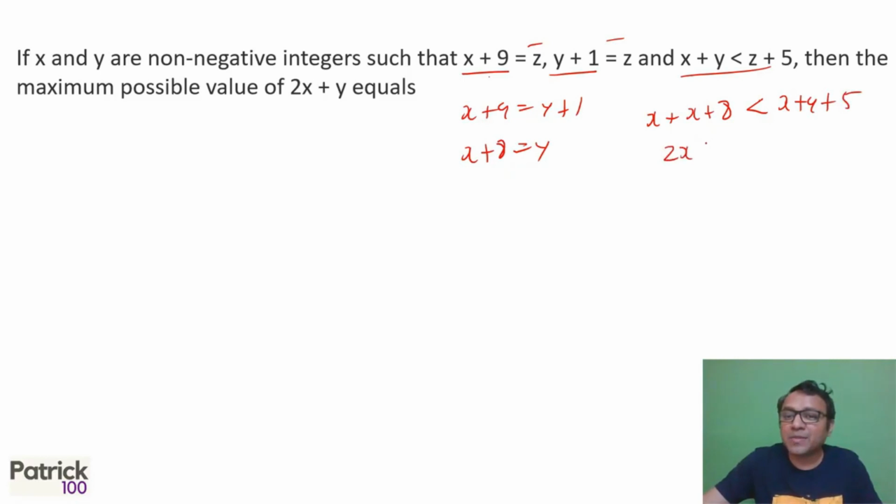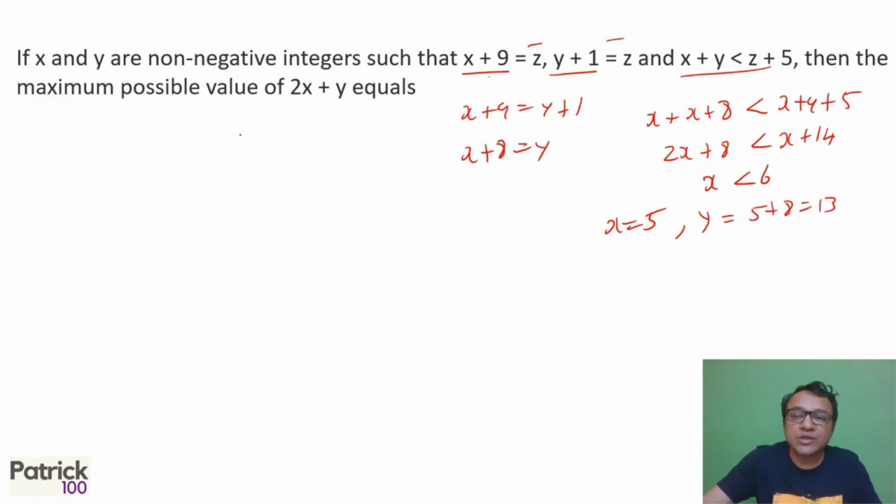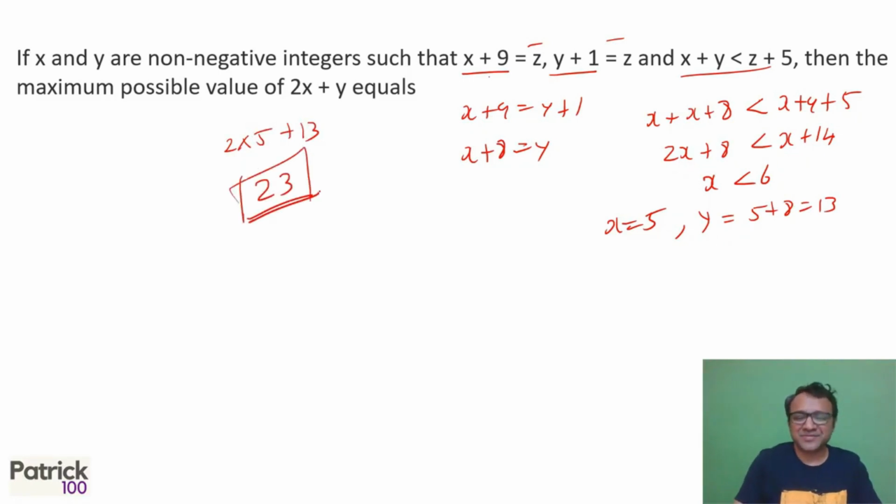So 2x plus 8 is less than x plus 14. From that you get x is less than 6. Now since we want the maximum possible value, we can take x equal to 5 and y equal to 5 plus 8, which is 13. Substitute in this equation. So 2 into 5 plus 13 will give you 23 as the answer. So 23 is the final answer.